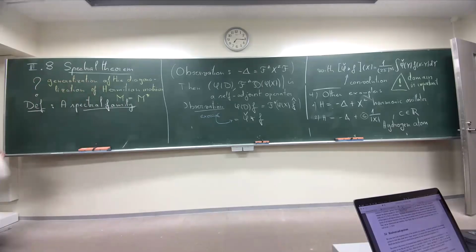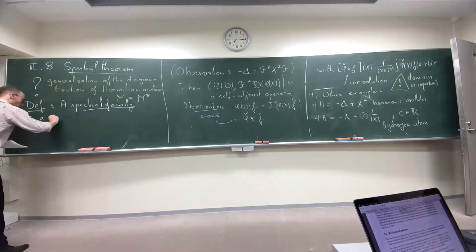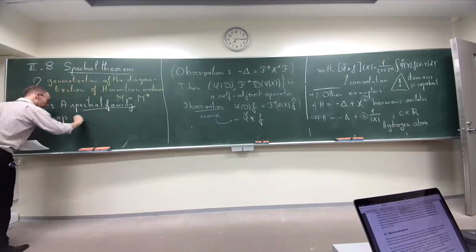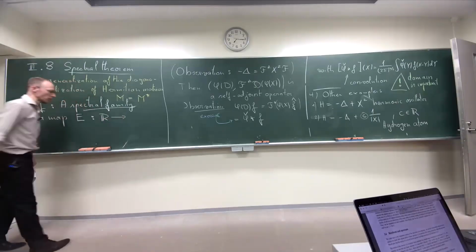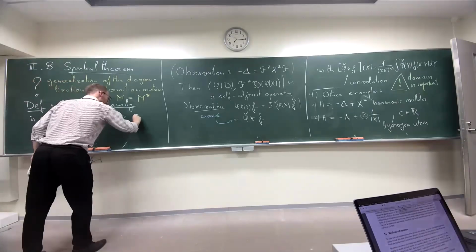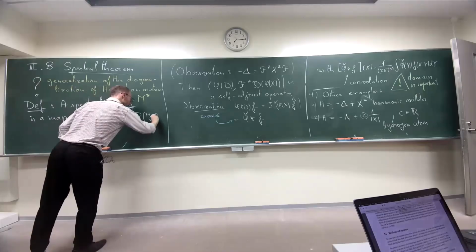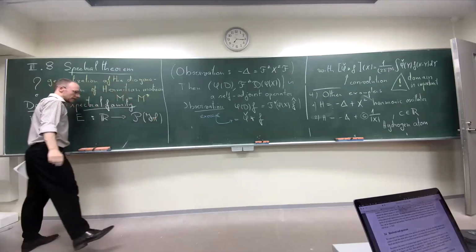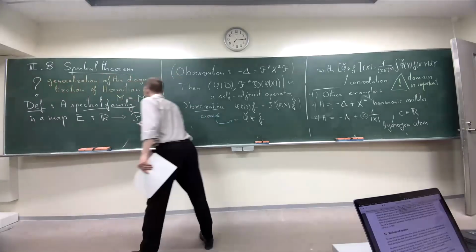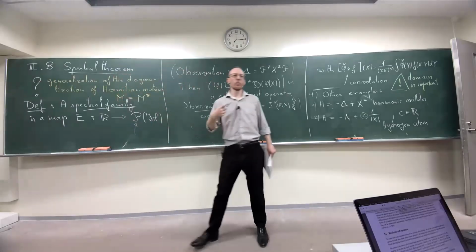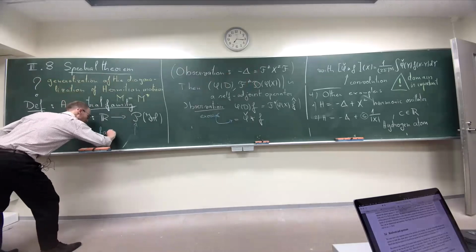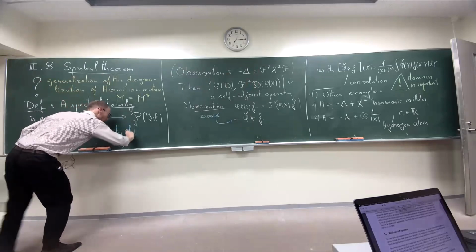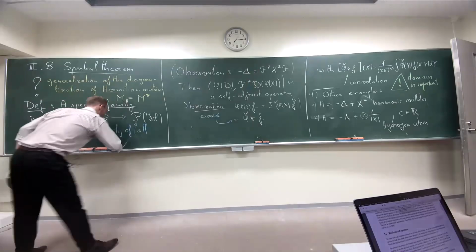A spectral family is a map or function E from R to the family of all projections.